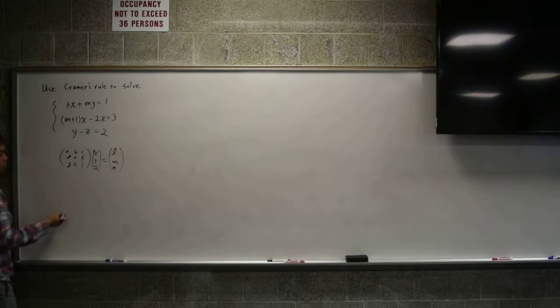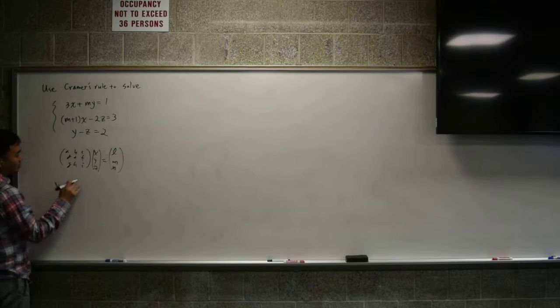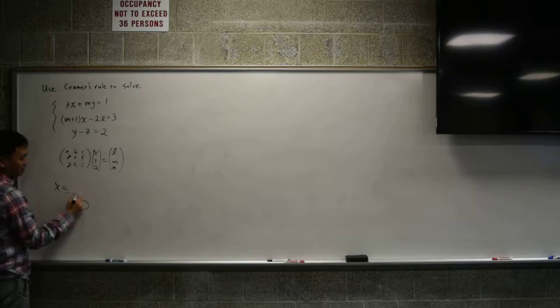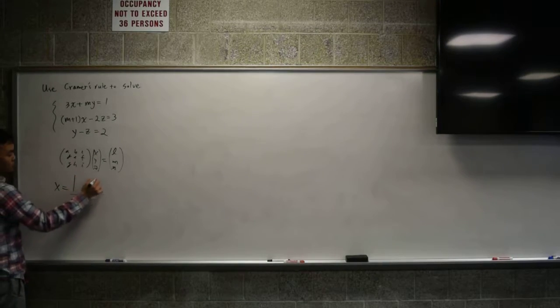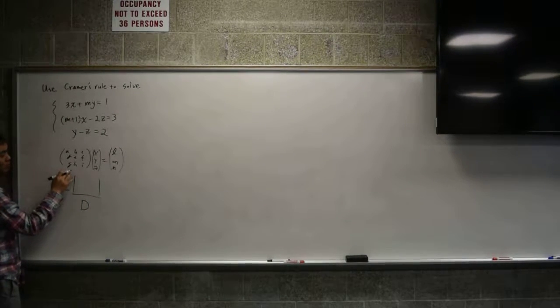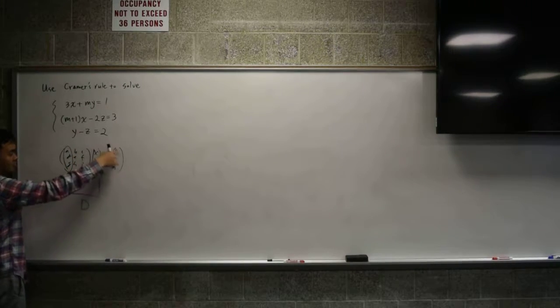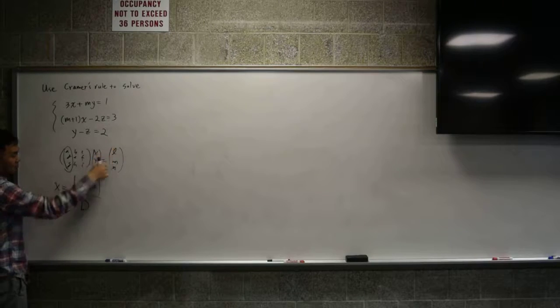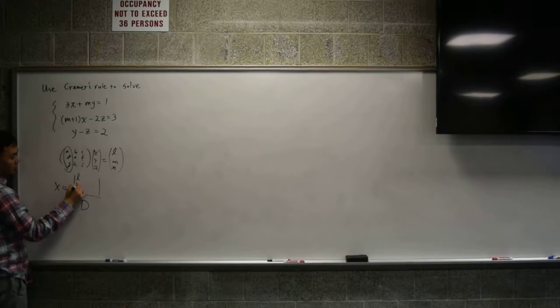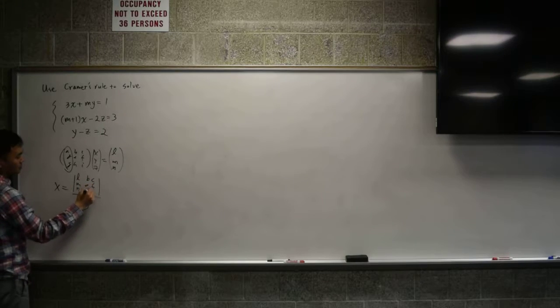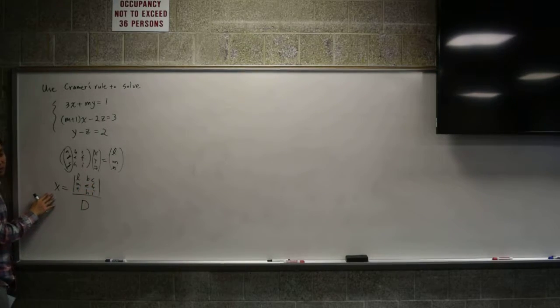Then you get the value of X by taking, if I call the determinant of this capital D, the determinant of a new matrix by substituting the first column by the column of constants. So L, M, N replaces the first column, and the rest is the same. That's how you get the X.